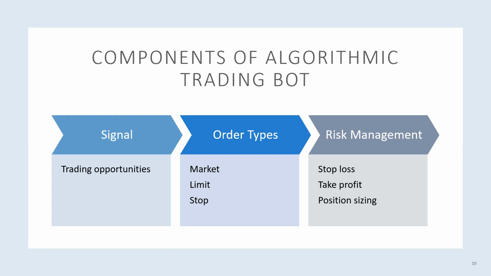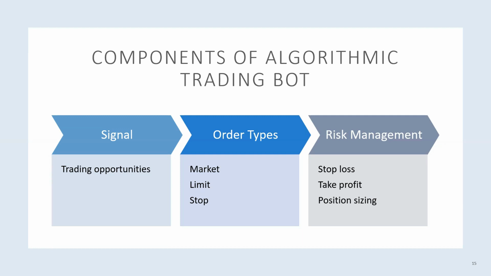If we know that Google is going to increase from 400 to 500, then we can wait till it reaches 420 to verify our prediction. Once it reaches 420, we go ahead and buy, and that is the stop type of order. So we have to specify the type of order we're going to use when we are building the bot.